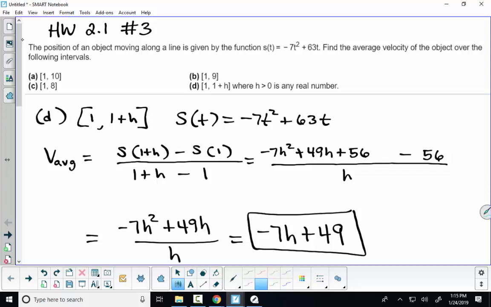So it's going to be a lot easier to evaluate than, let's say, evaluating s of 10, subtracting off s of 1, dividing all of that by 9, right? But whichever you prefer, please do, because it doesn't really matter. Everyone doing this correctly is going to get the same results no matter what route you take.